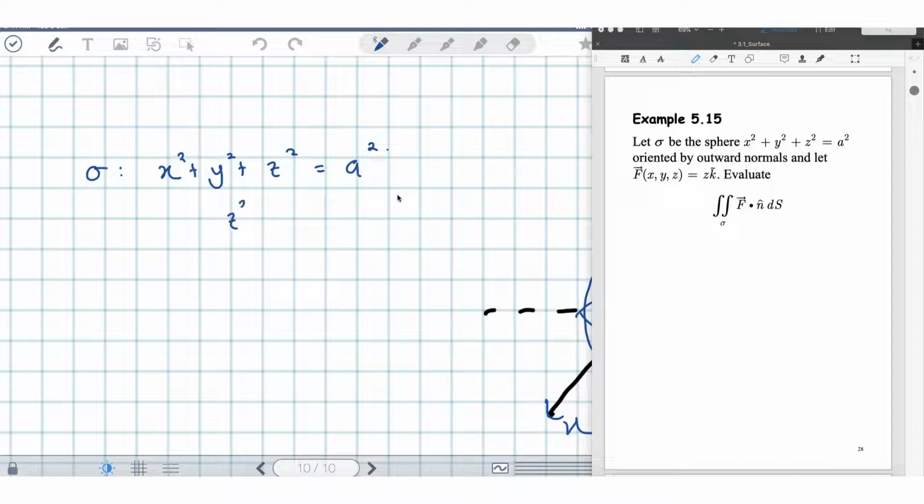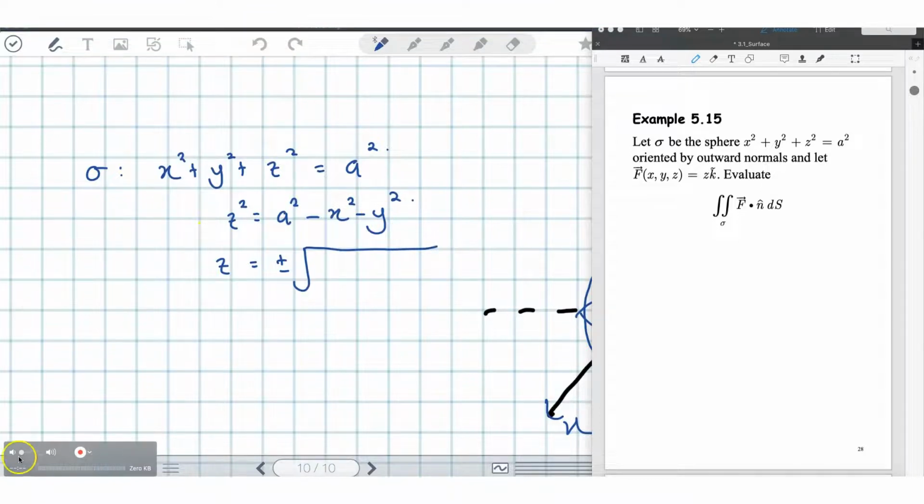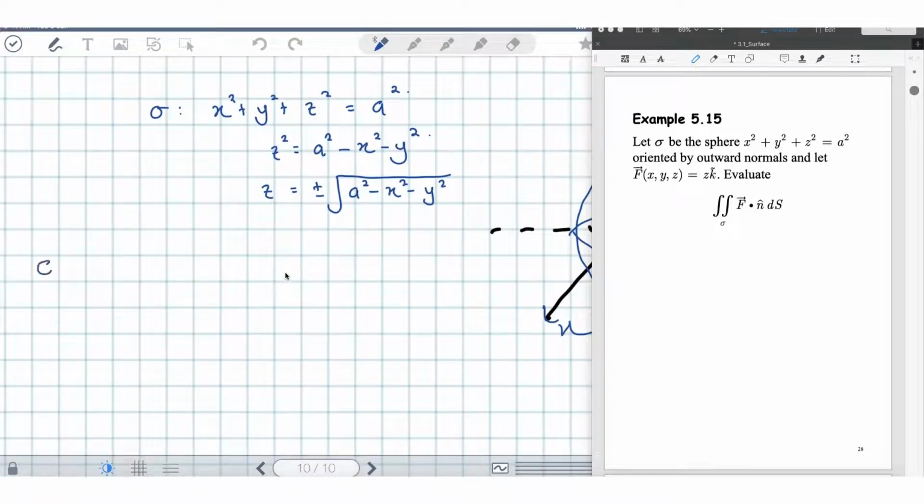So when we rearrange that, we need only z, not z squared. Now look at the equation of z. Positive, negative. Meaning that in this case, you have two different surfaces.